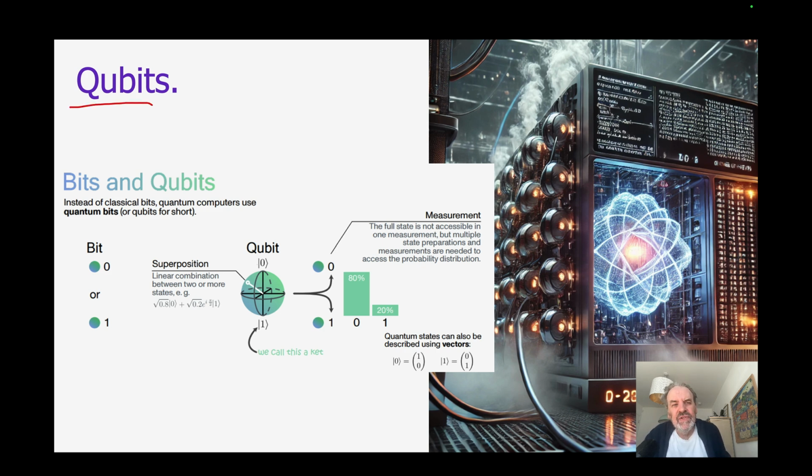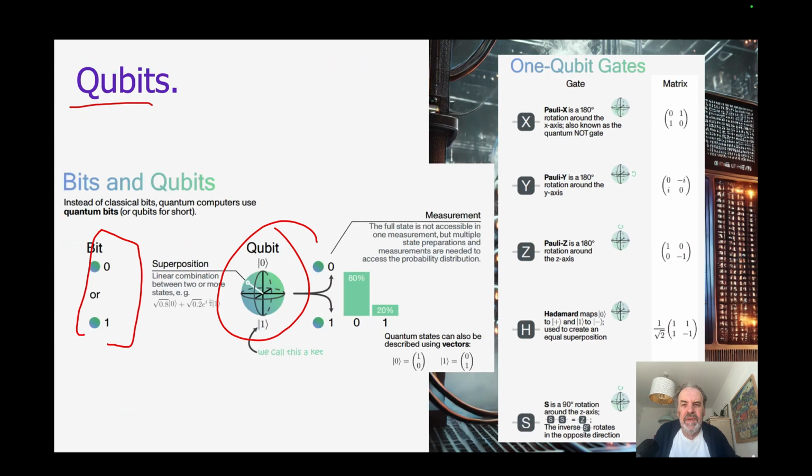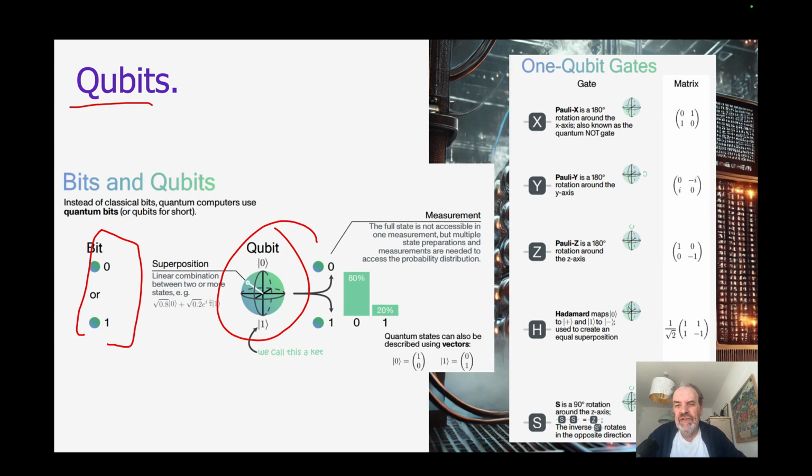So rather than using silicon and binary digits, we use things called qubits. We convert our bits into a qubit, and we can actually measure the state of a qubit. The qubit itself could have various forms of spin and rotation.